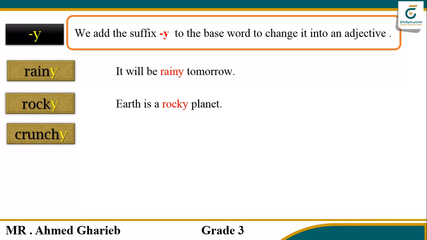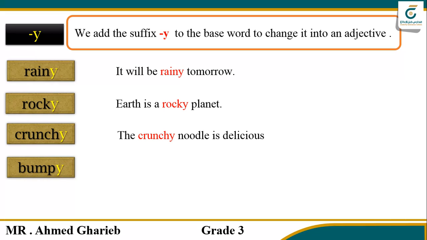Crunchy. If we describe the food with the adjective crunchy, it means when we eat this food, it makes a noise. The crunchy noodle is delicious. Bumpy.